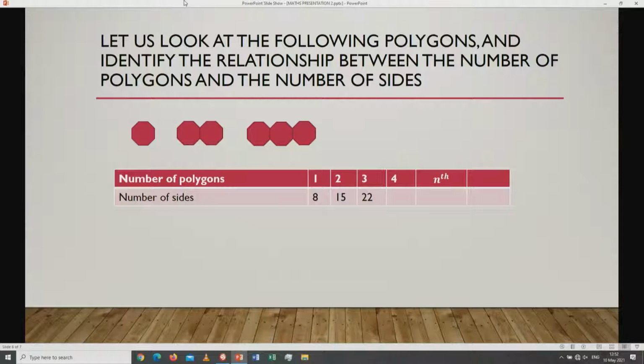And then let us say, for example, 40 here. These polygons are octagons combined together.